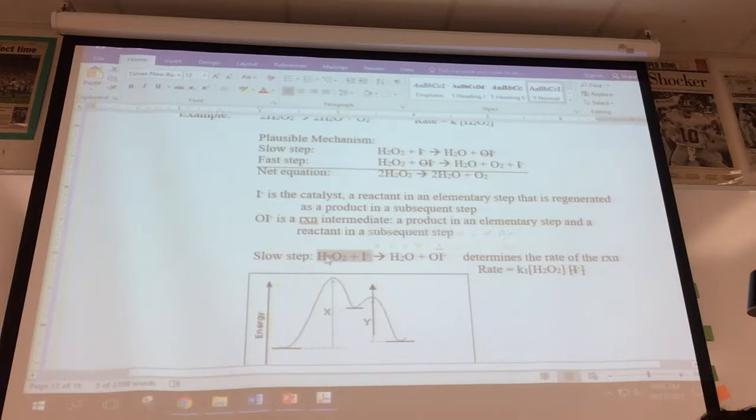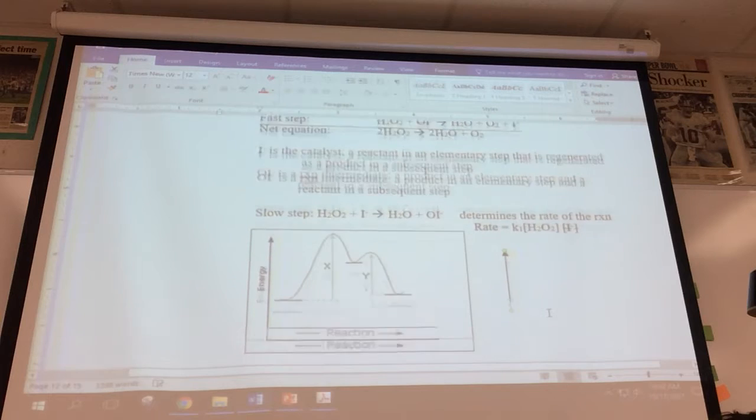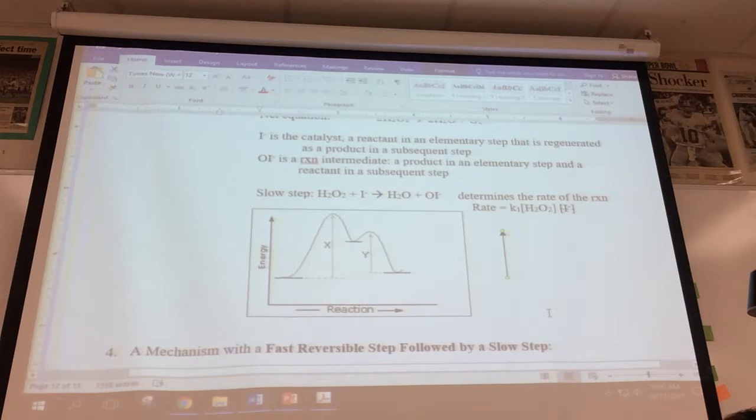Rate is equal to k1, concentration of the hydrogen peroxide, concentration of the iodide ion, which is the catalyst. Now, typically you don't include catalysts in rate laws, every once in a while, but you can just cancel that. The other thing I want to show you is the reaction profile that illustrates all of the steps.